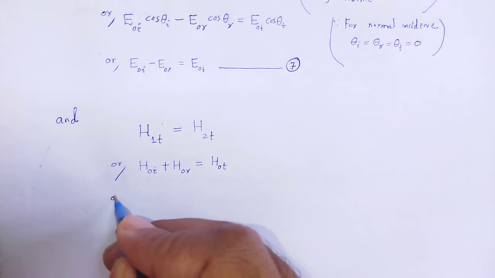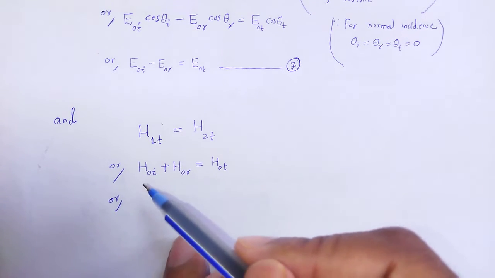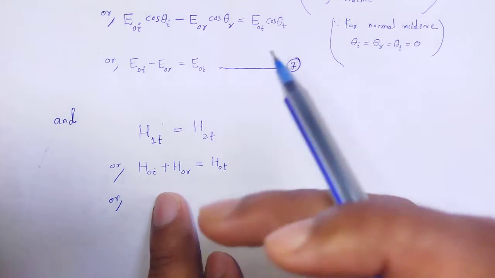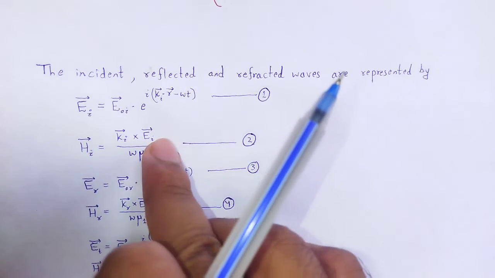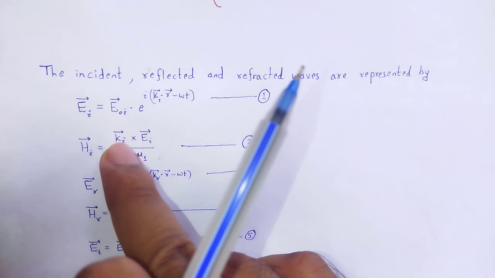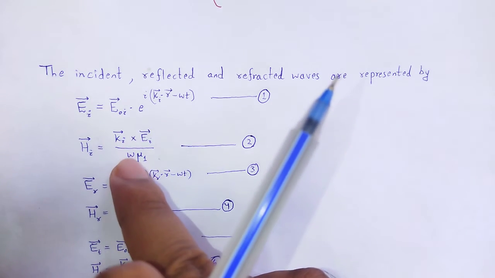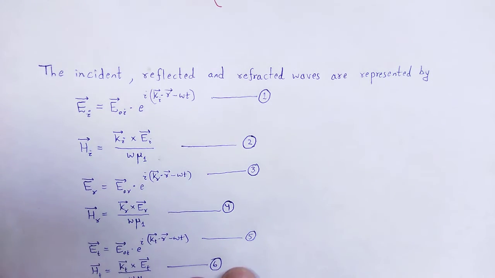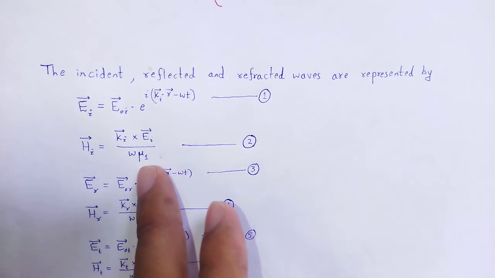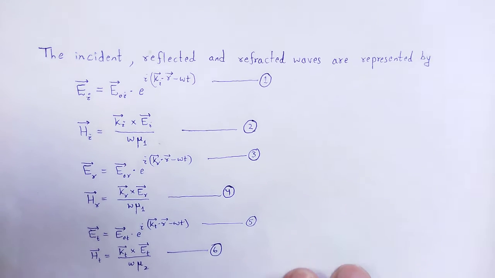As we say, how are the E vector and H vector related? H vector is equal to k cross E vector divided by omega mu, in whichever medium we consider.